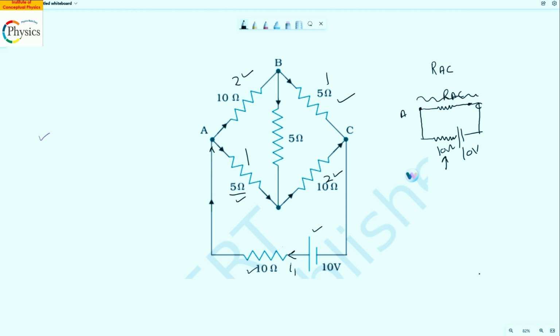Since a simplified RAC is not possible, we cannot use parallel or series. We will have to apply the rules I told you, which are KCL, KVL, and of course Ohm's law, which is very popular. So we will use these three to solve this numerical.